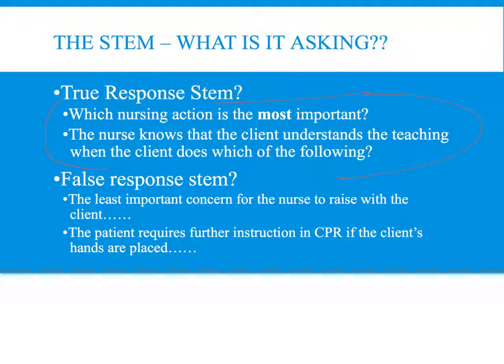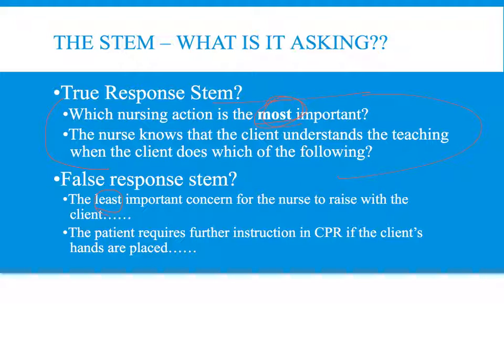So they're wanting you to identify the one that the nurse should not do, or identify something that is false. So examples of that are the least important, there's that key word there, the least important concern for the nurse to raise with the client. So it's wanting you to identify the one that's, as opposed to where you have the most important, now we're going to the least important. So it's important to be able to look at those words and really understand what it's asking you so that we can identify the correct answer.